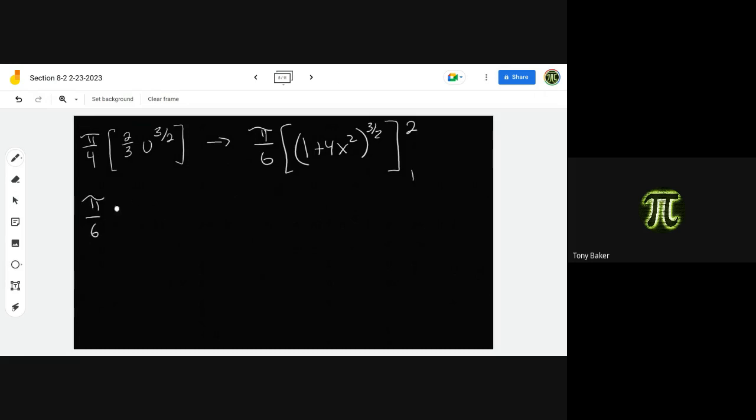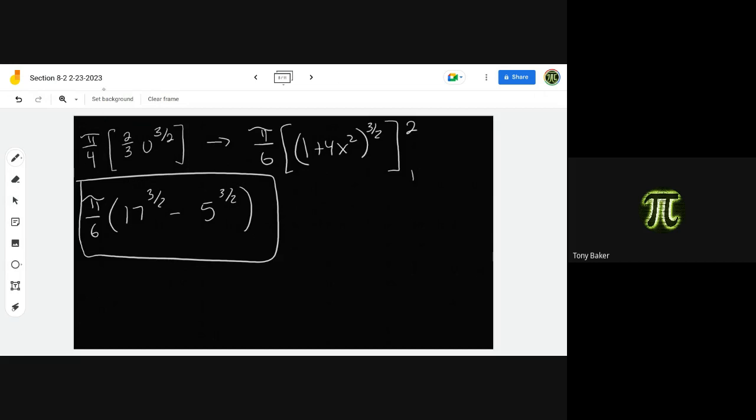So if I plug in the 2, I get 16 plus 1, 17. So it's 17 to the 3/2 power. And then if I plug in the 1, I get 5 to the 3/2 power. That's the final answer.